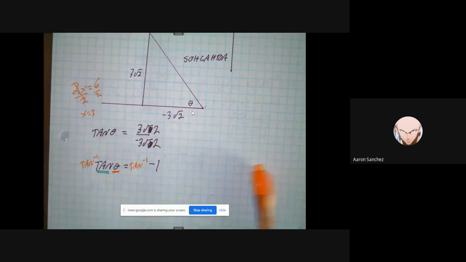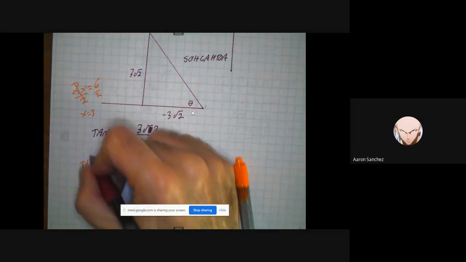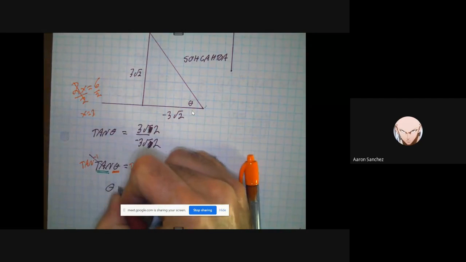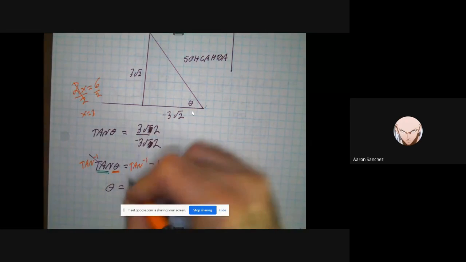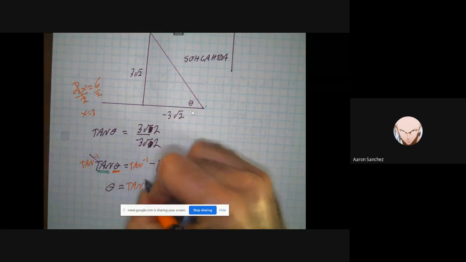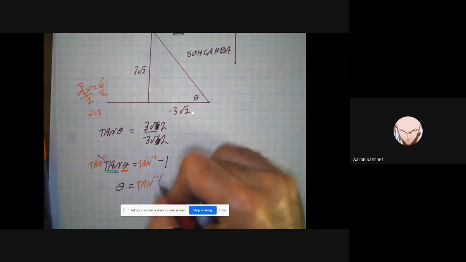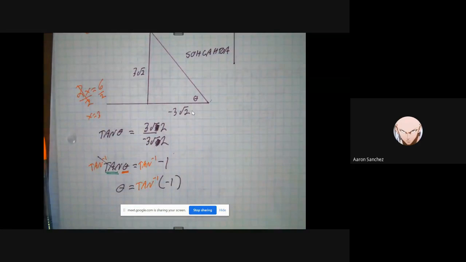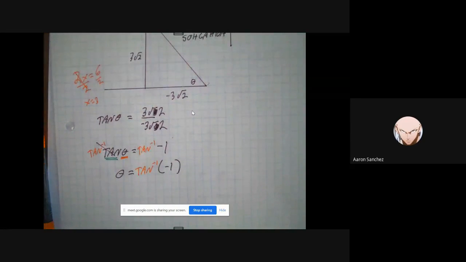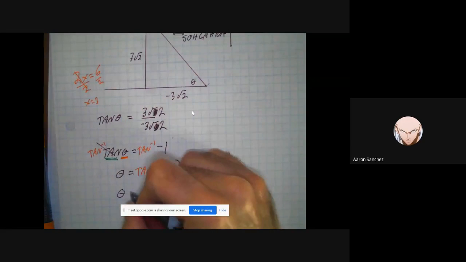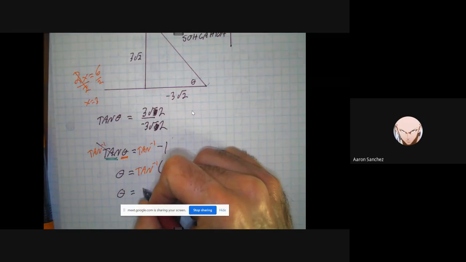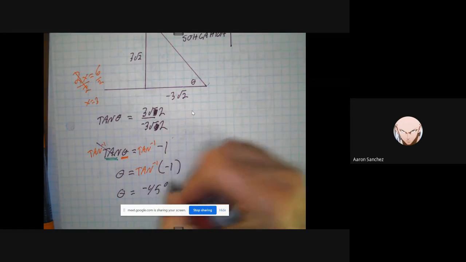So this cancels out, and theta equals inverse tan of negative 1. Just get the inverse tan of negative 1 on your calculator. It's actually going to be negative 45 degrees, because it's over here.